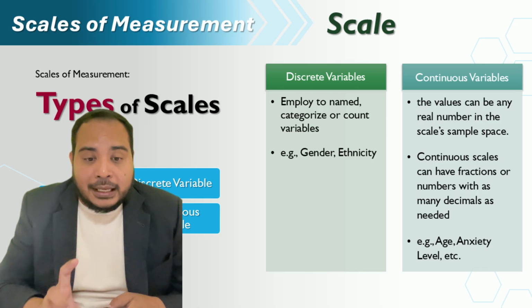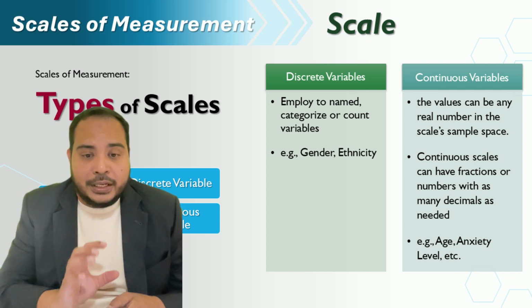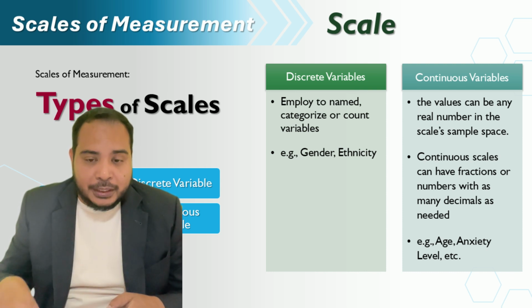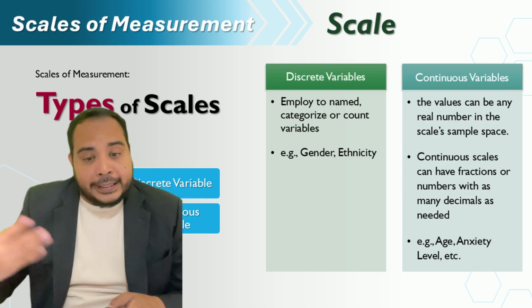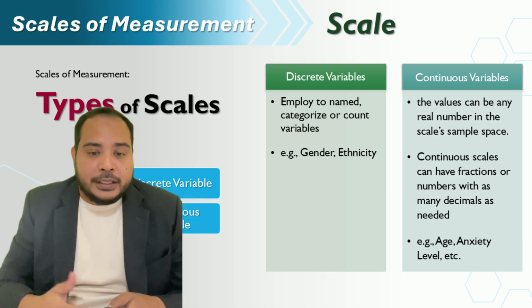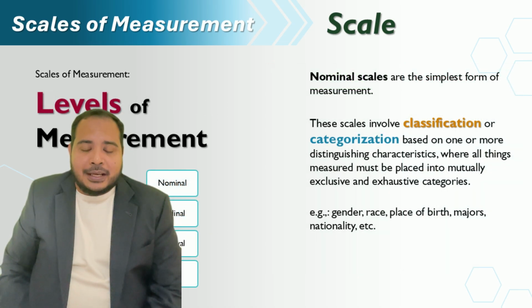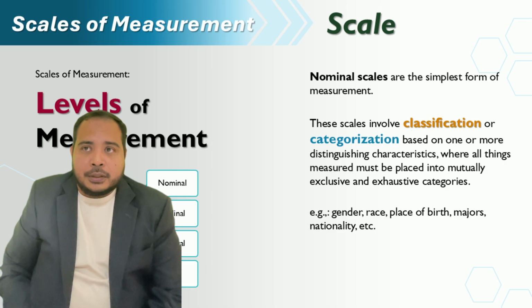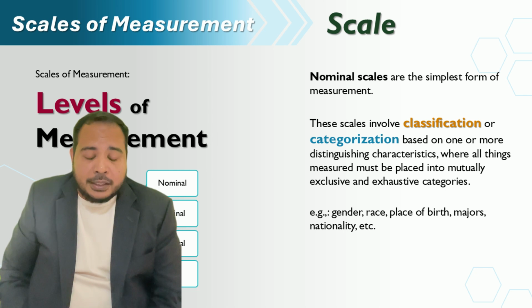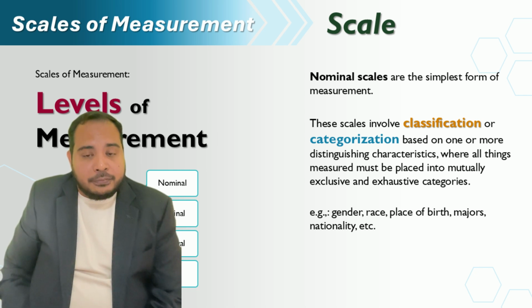It is not yet statistics, but it is important for us to understand that these scales of measurement are related to what analysis we are going to use for the statistical analysis. Another important thing to understand is the level of measurement. This is very important because sometimes when I look into research, data collection, and data analysis, researchers, including us psychologists, forget about level of measurement.